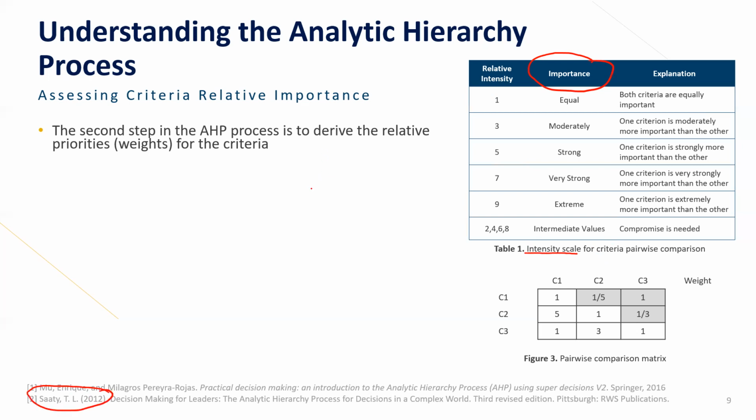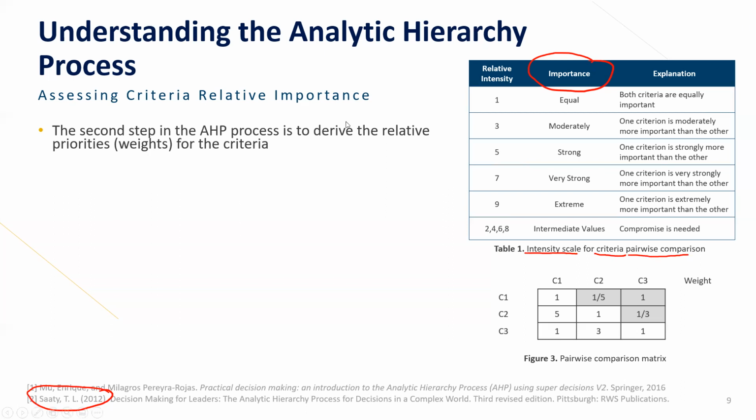It is available in the explanation from the book from Professor Saaty. We use this scale to score those criteria. So it's a criteria pairwise comparison. You need to score one criteria against the other one.